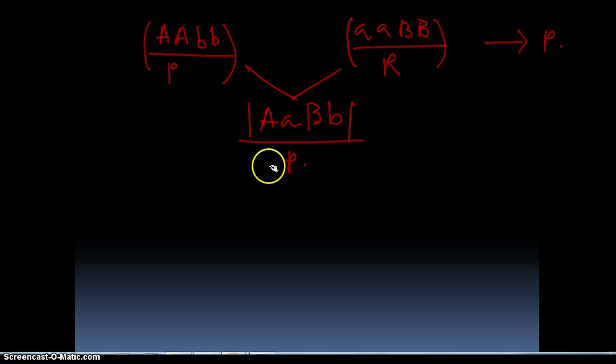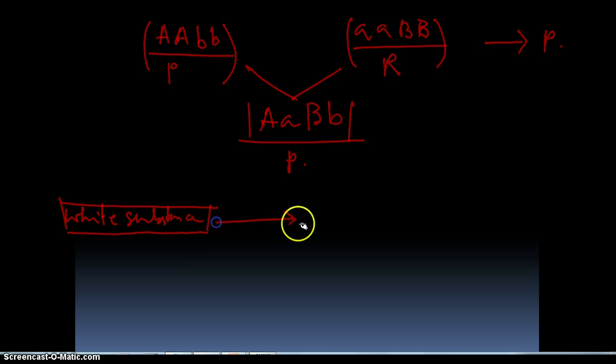Now what is happening here is that this color is produced when there is a white substance, a specific kind of protein within the flower, and a specific enzyme is working on the substance.